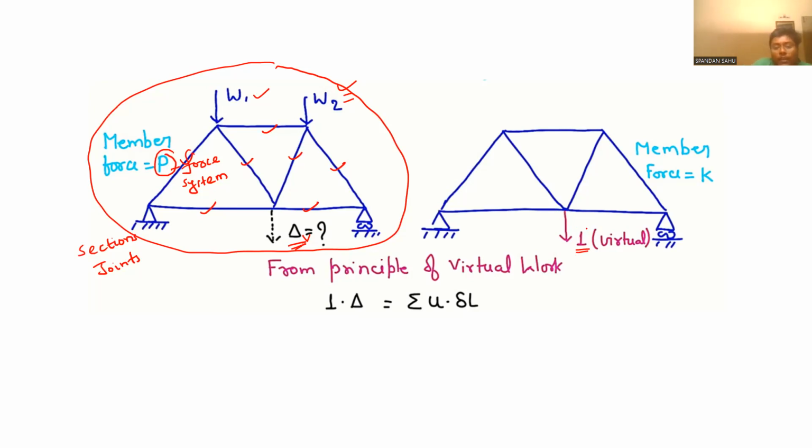So we applied this 1 unit load. Then, with a similar procedure for this 1 unit load, you determine all the member forces. After you are done, this is called the K force system.